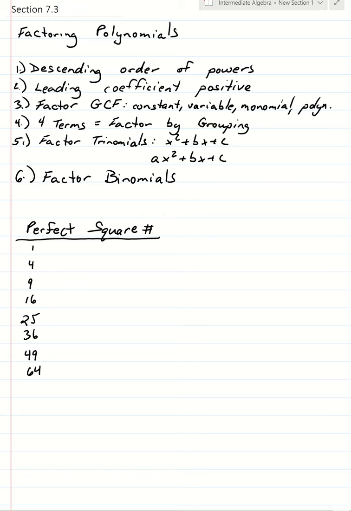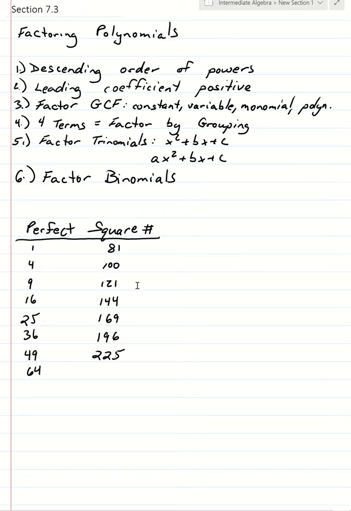Some other numbers that are perfect square numbers: 81, 100, 121, 144, 169, 196, and I'm going to stop at 225. These are very commonly found perfect square numbers in problems.